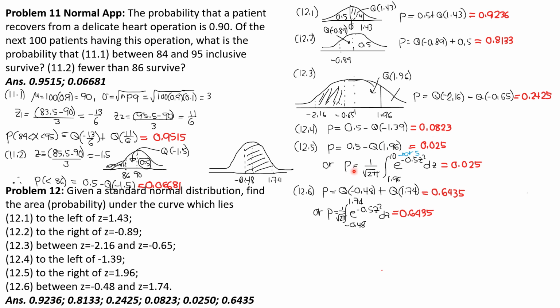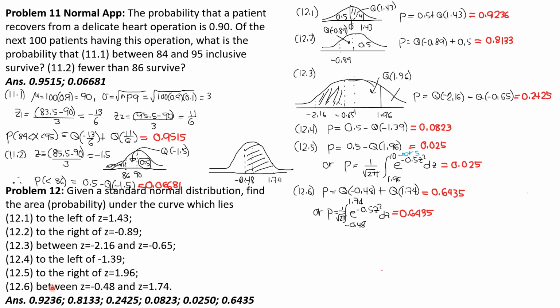Then 12.5, to the right of 1.96. So this is a z-score of 1.96. We are referring to this area here. But this area here is Q(1.96). Since half the area is 0.5, it should be 0.5 minus Q(1.96), and that is 0.025.